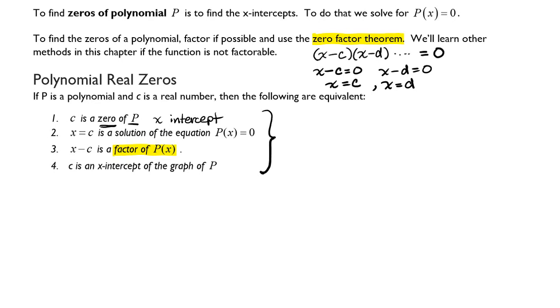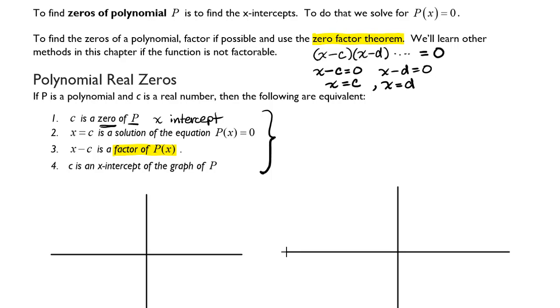Now let's look at some specific behavior at the roots. So I'm going to compare multiplicities, and I know that might be a new word for you, but if we have a polynomial where one of the factors, x minus c, is raised to a multiplicity, so raised to an exponent m, let's assume that m is odd and that m is greater than 1.